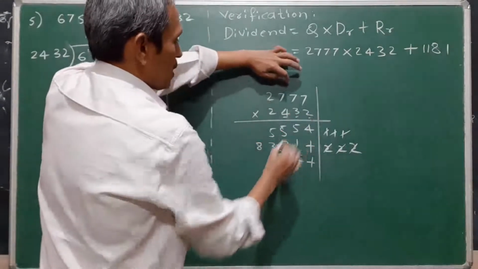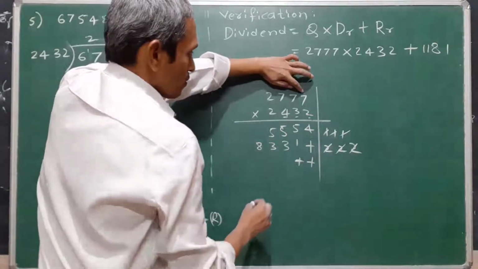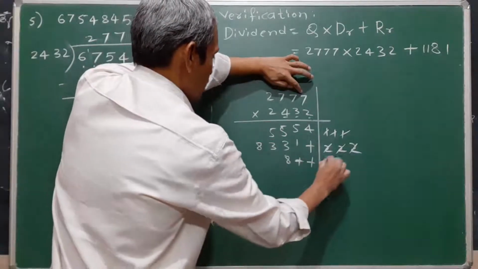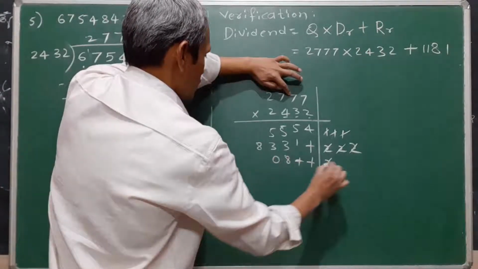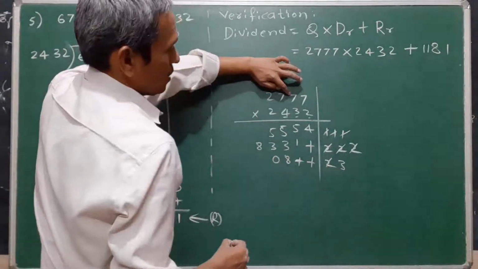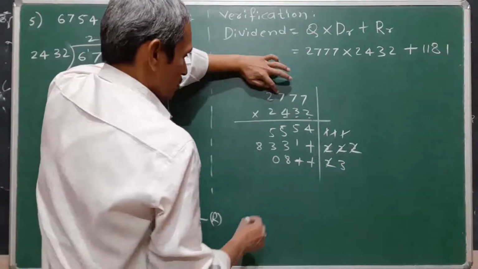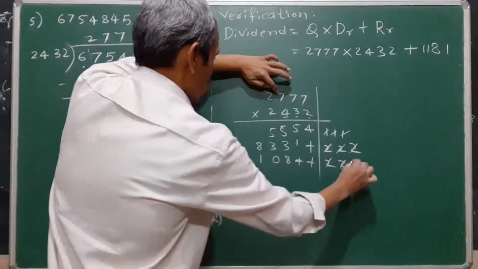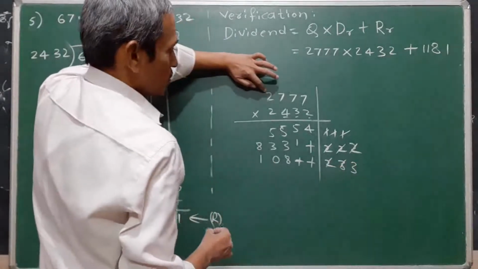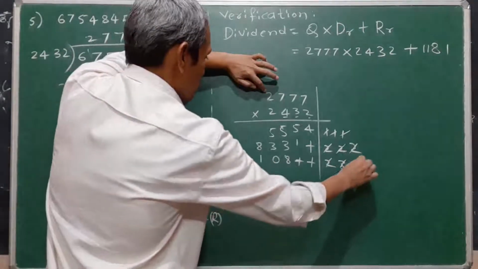Now multiply by 4. 4 7s are 28, 2 carry, 4 7s are 28 plus 2 30, 3 carry, 4 7s are 28 plus 3 31, 3 carry, 4 2s are 8 plus 3, 11.